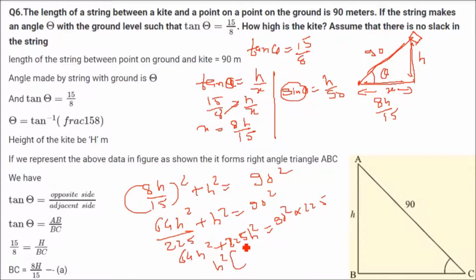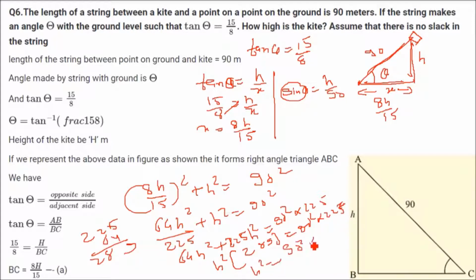So I will take h square common. 64 plus 225 is going to be 289, equal to 90 square into 225. So h square will be equal to 90 square into 15 square by 289.